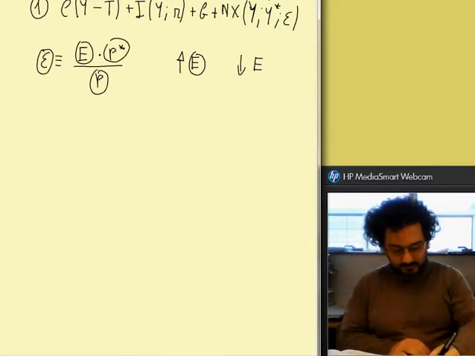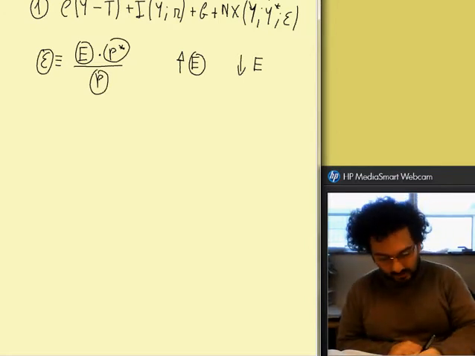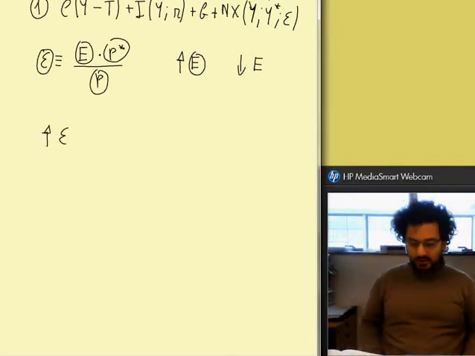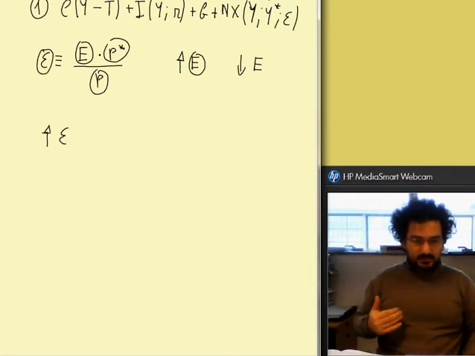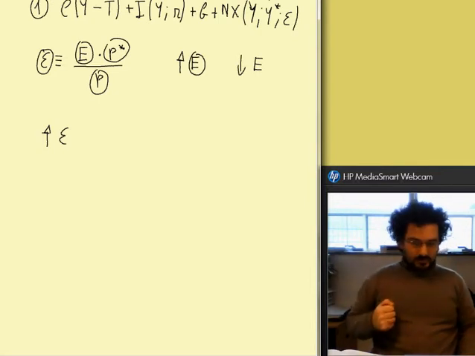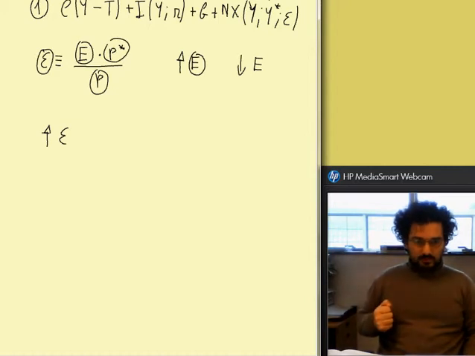So if we have an increase in epsilon, in the real exchange rate, this means that the foreign price expressed in national currency increases less than the national price.